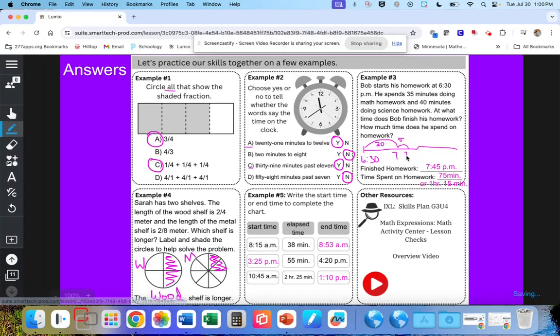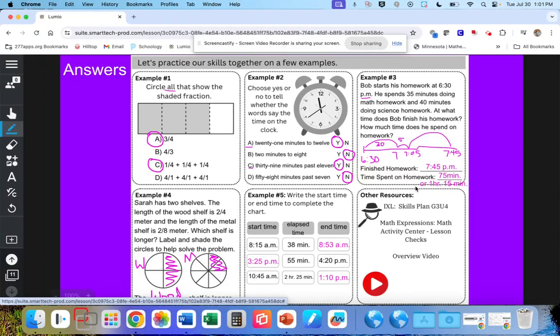So that'd be 7:05. And then we need 40 more minutes on top of that. We get to 7:45. Now, don't forget your label. In this case, we were talking about PM. We did not go into the AM range, so our answer is 7:45 PM.